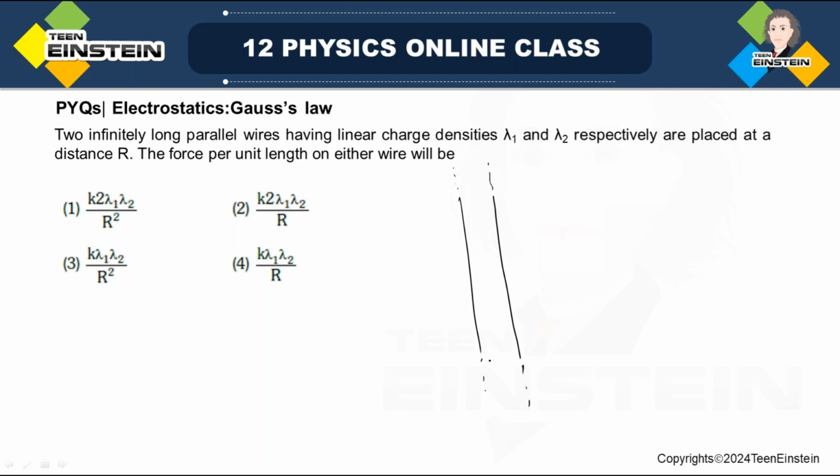They are kept R distance away from each other. Okay, and suppose this wire has λ1 charge density and this has λ2. Since these are linear charge distributions, λ is actually charge per unit length.